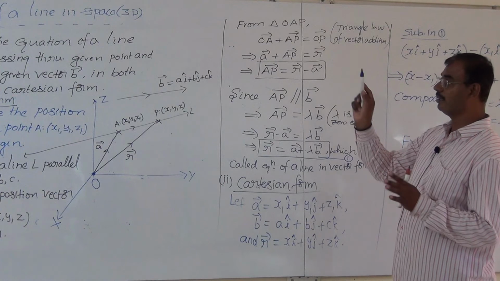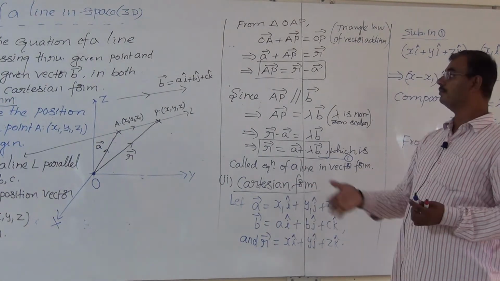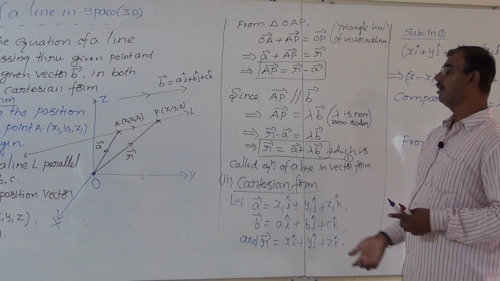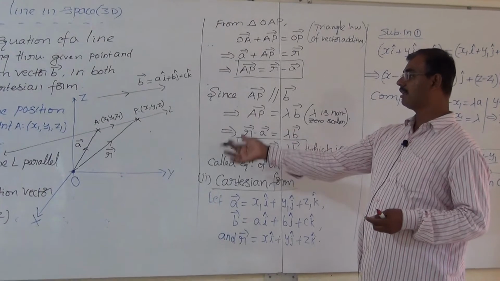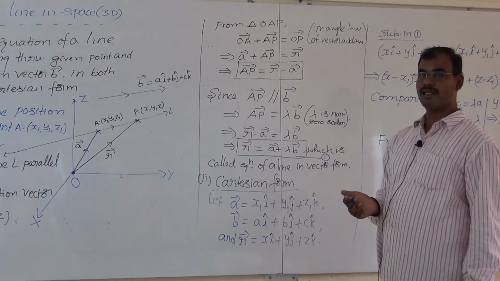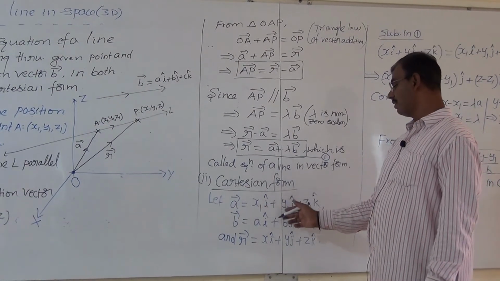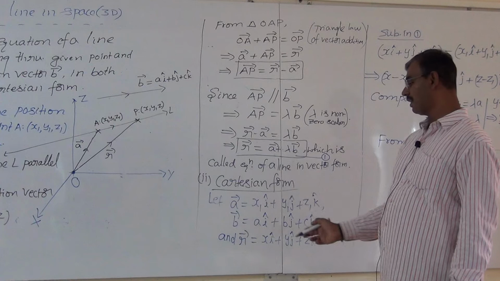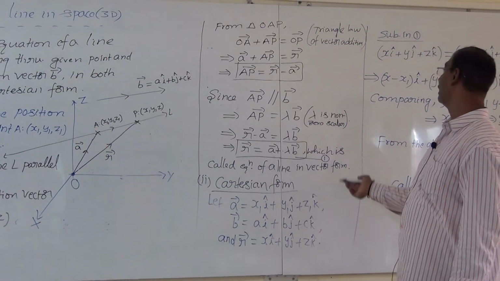Remember, it is a line passing through the point A and parallel to vector B. That statement is important. And how to derive the Cartesian form? From this only we have to derive the Cartesian form. Take all the vectors in component form. A bar is equal to x1 i plus y1 j plus z1 k. B bar is equal to a i plus b j plus c k, and R bar is equal to x i plus y j plus z k.